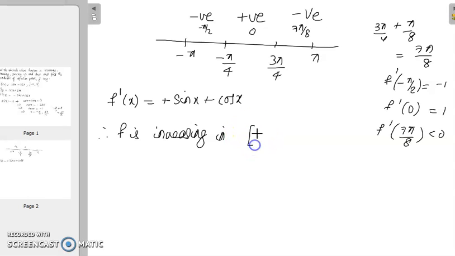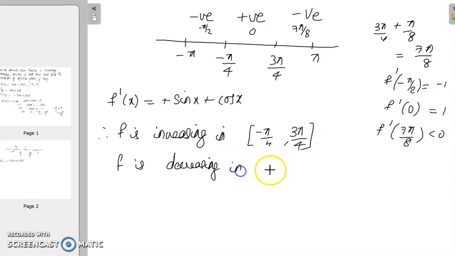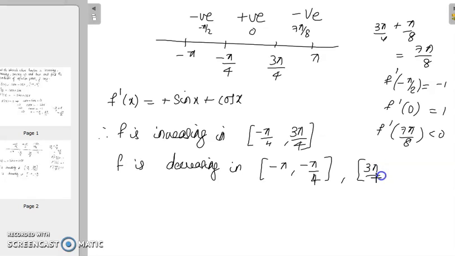So therefore f is increasing in minus pi by 4 to 3 pi by 4, and f is decreasing in minus pi to minus pi by 4 and 3 pi by 4 to pi. So these are the intervals where the function is increasing and decreasing.